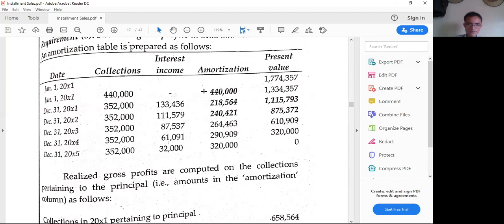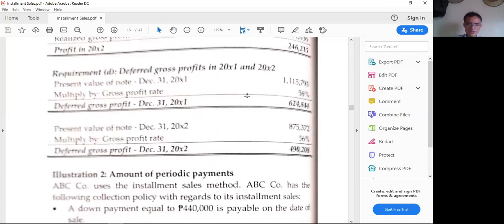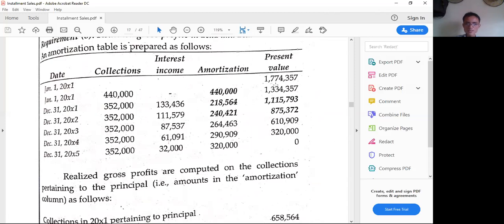If this is going to be the total collection, this would be the present value at the end of 20X1, right? So the question would be, how much would be the balance that would be multiplied by the rate to get the deferred gross profit? So you have here whatever was the present value of the note multiplied by the gross profit rate equals the deferred gross profit. All right.